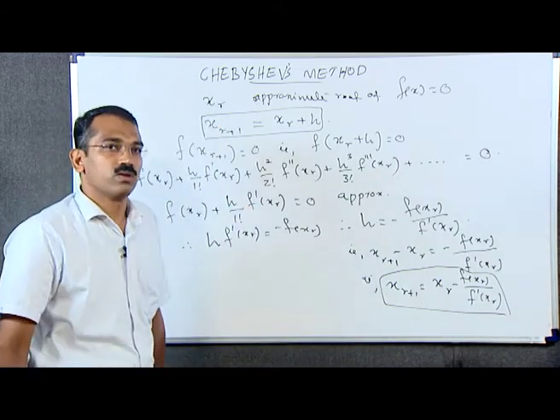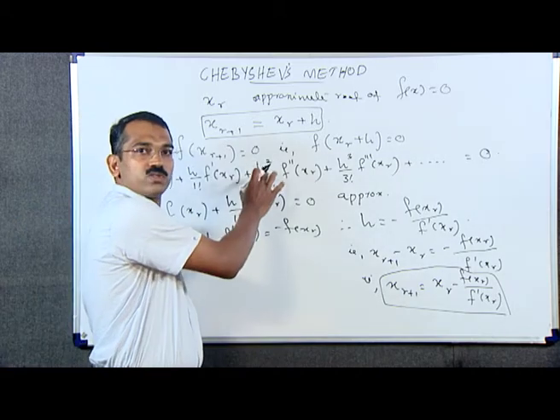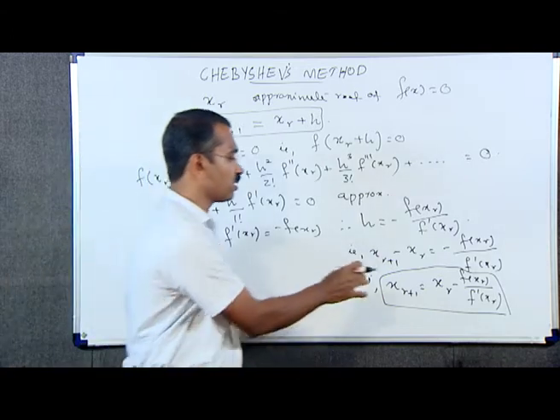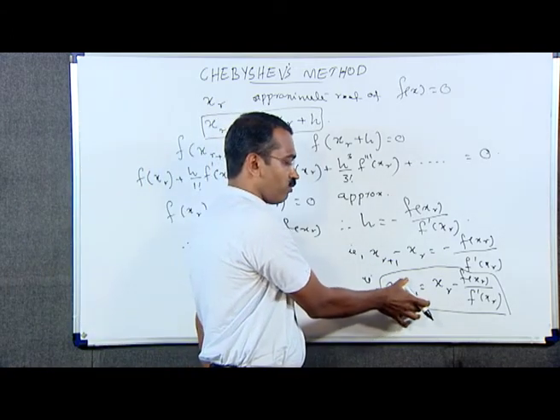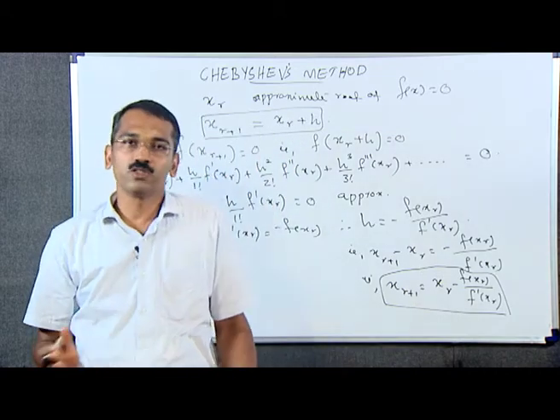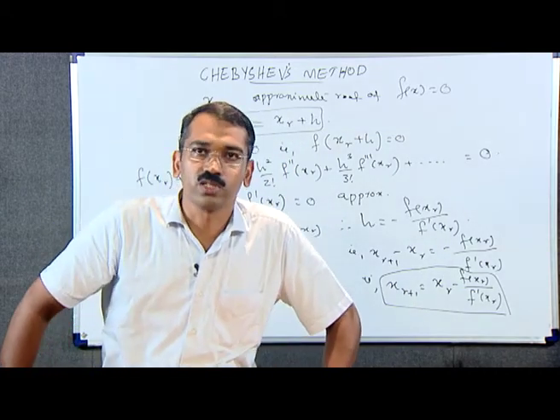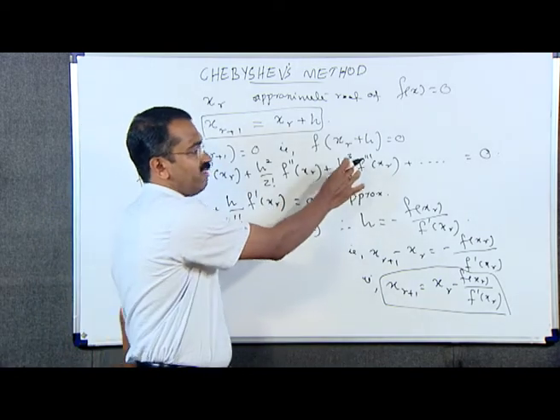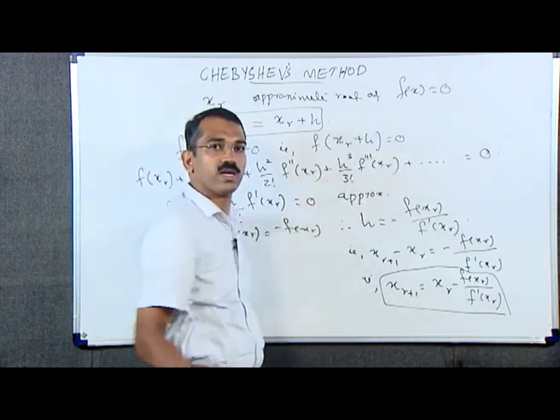Now, by using this formula, we will obtain a closer approximation for x_{r+1}. In order to get a better approximation to x_{r+1}, we can omit the terms having h³ and higher powers of h.